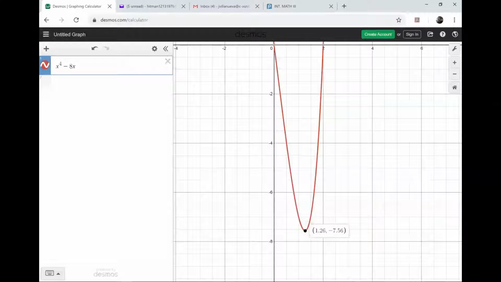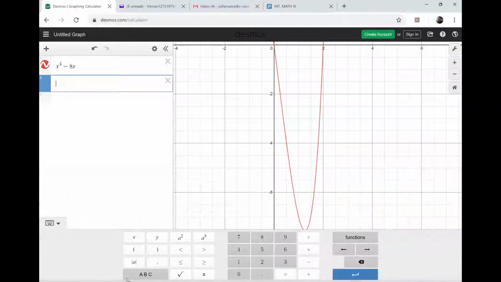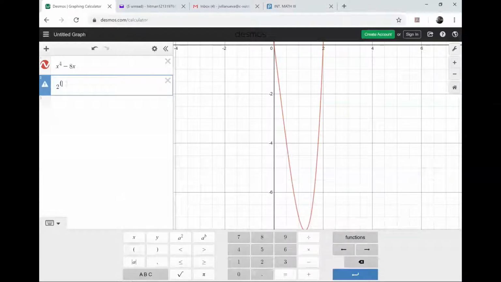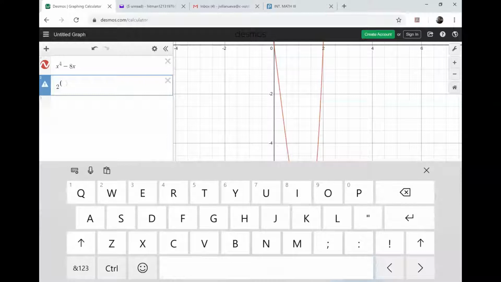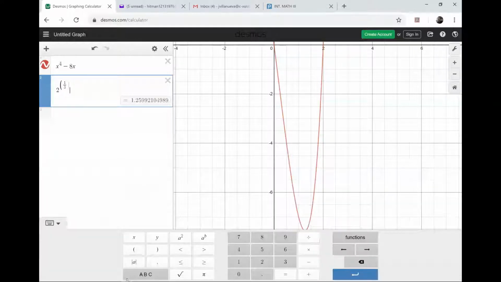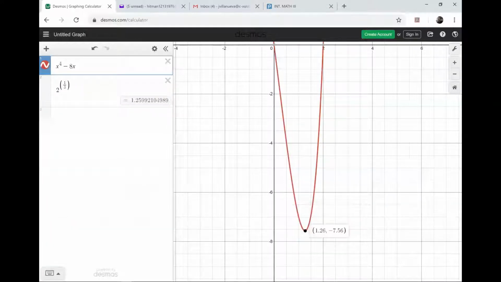The cube root of 2, so it's 2 to the power of, it doesn't do it if I have my keyboard on, but it does it if I'm in tablet mode. I don't know why. So it's going to be 1/3. Let me just do that. Yeah, 1.26, right? That's what it's giving me, 1.26 according to this picture.